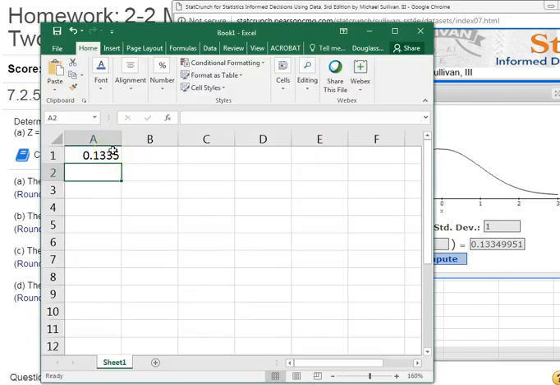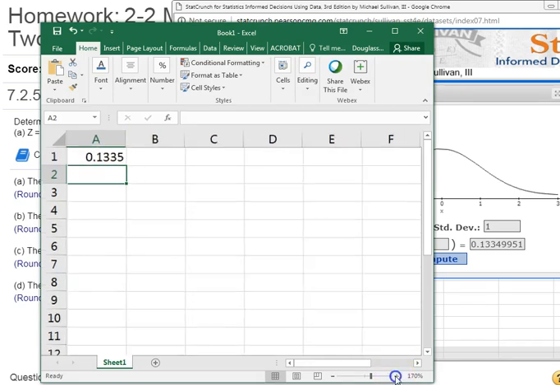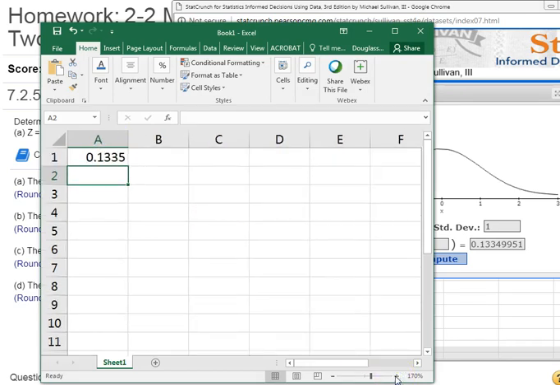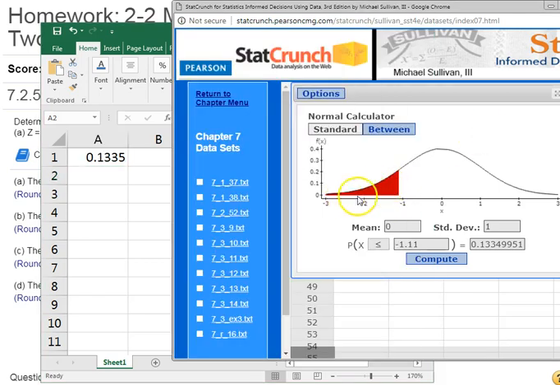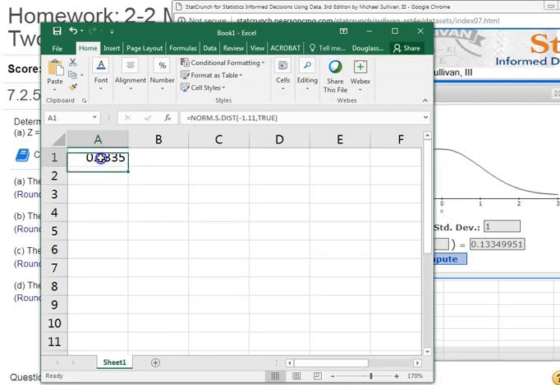I do want to quickly show how to do these in Excel as well. If you have the standard normal distribution and a z-score, Excel will quickly give you back the probability of being at that z-score or further to the left, like we have illustrated in this picture. The formula you use is written right here: equals NORM.S.DIST.